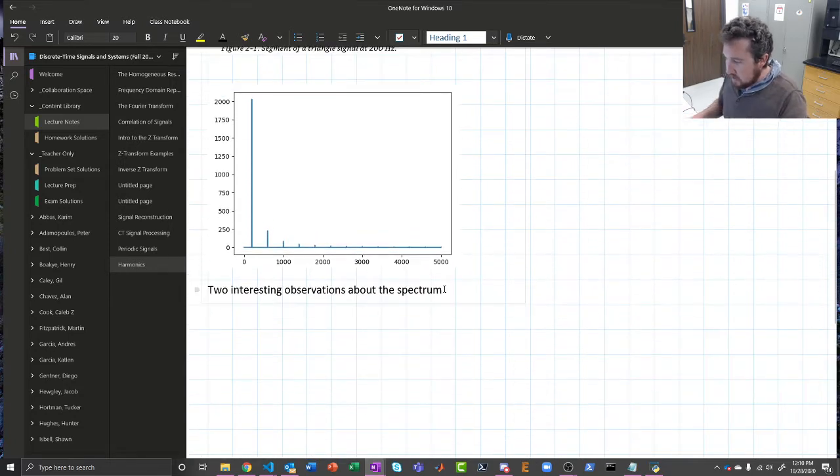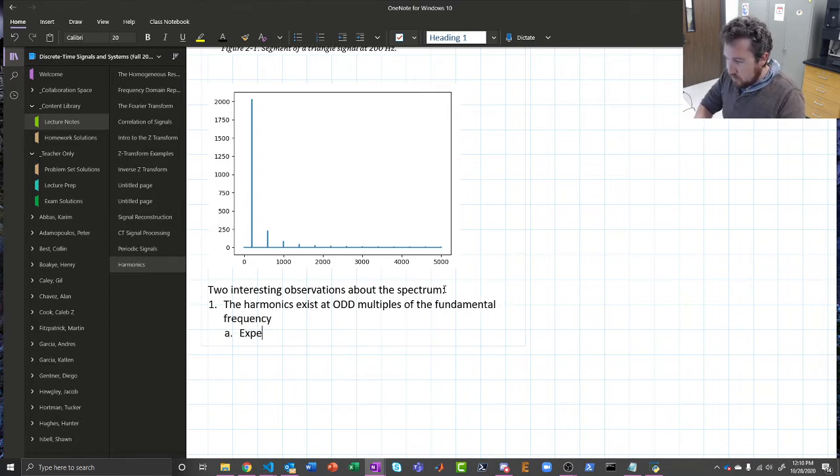Two interesting observations about the spectrum. The first one is that the harmonics exist at odd multiples of the fundamental frequency.